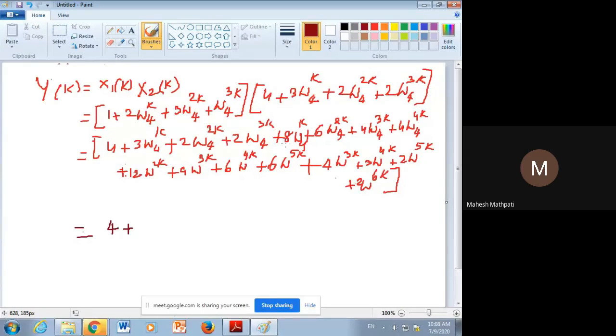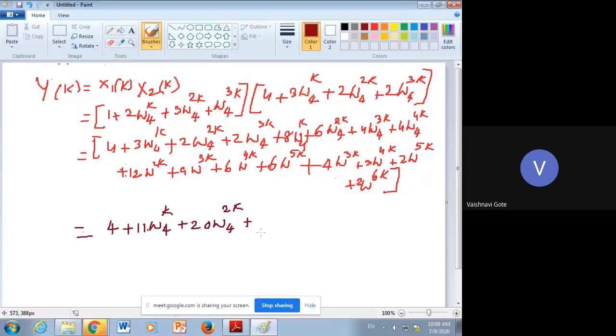So it is 11 multiplied with W4 to the power K. Then plus the next term, the power of 2K, add all of them. Here that is 2 plus 6 plus 12. 2 plus 6, 8, plus 12, 20. Right? So it is 20 W4 to the power 2K.